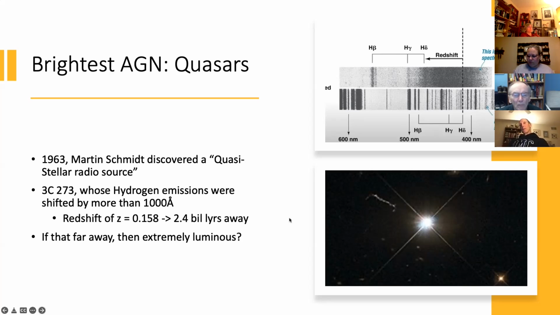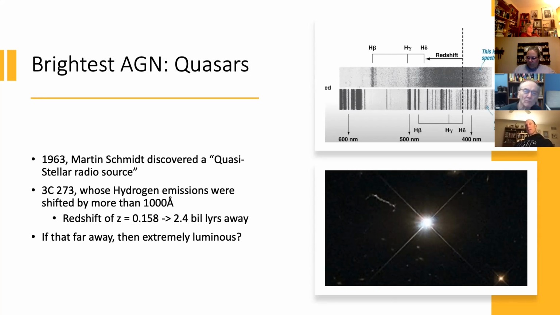Here's an example of another AGN, 3C273, whose hydrogen emission lines were shifted over by more than 1,000 angstroms, or 100 nanometers, if those sound familiar. Those are units to describe wavelength.